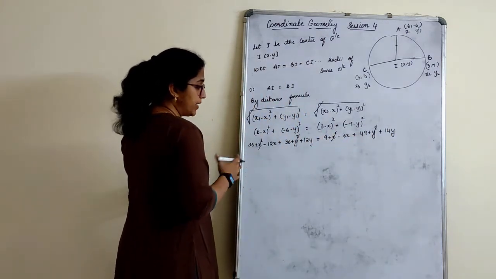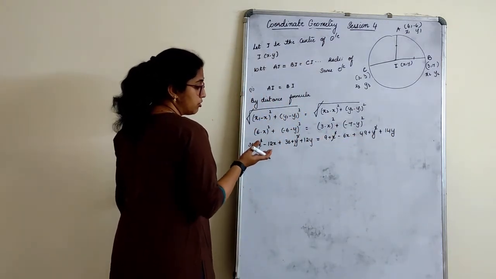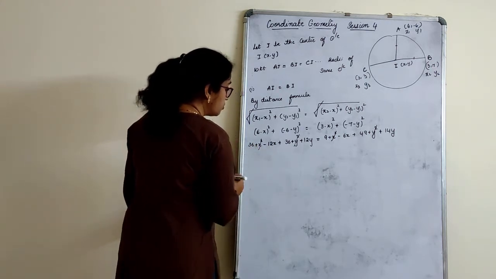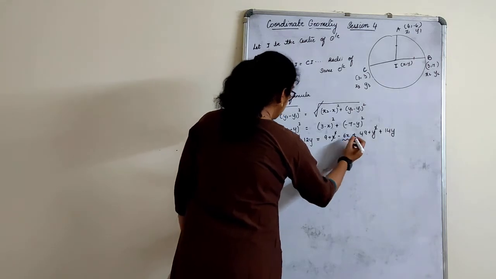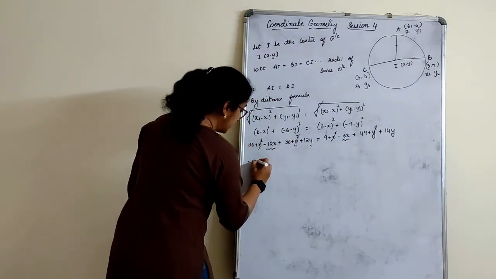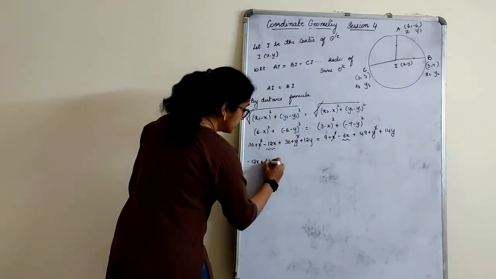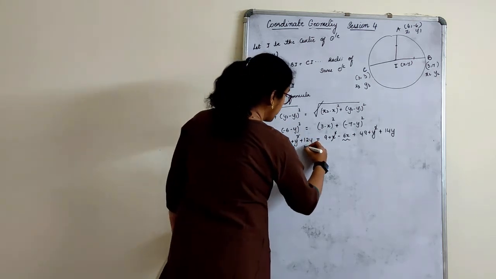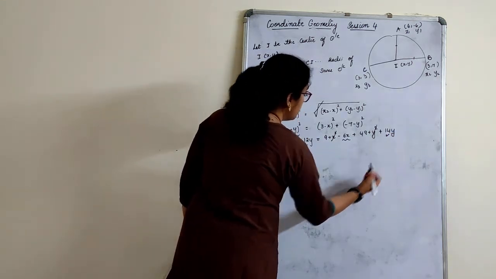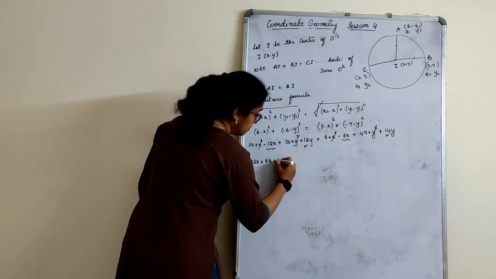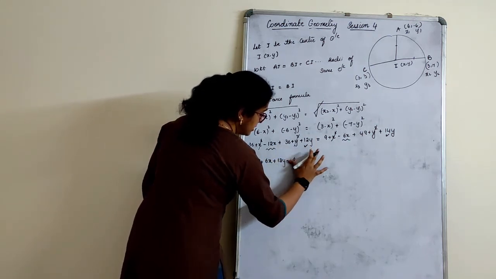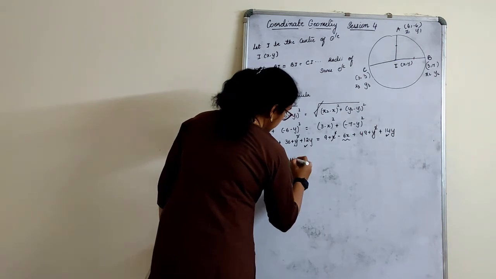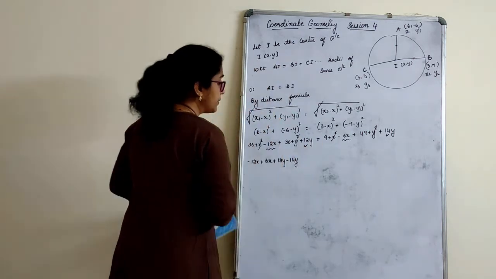Shift all the x and y terms this side, keeping the constants that side. So we have minus 12x plus 6x, plus 12y minus 14y.